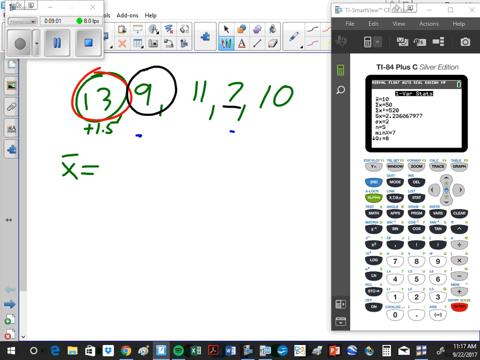So we ended with plus 1.5, minus 0.5, plus 0.5, minus 1.5, and 0.